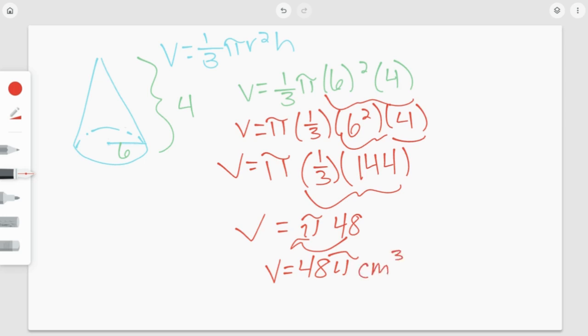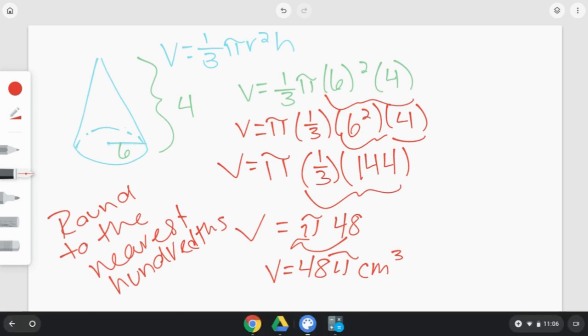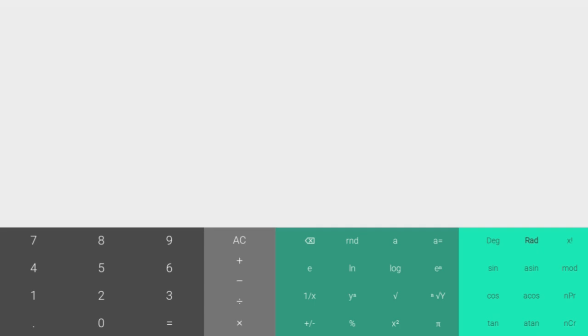Now, if they said to round, let's say the directions say round to the nearest hundredths. We are actually going to take the 48 and multiply it by pi. So bring up your calculator again, clear it, and do 48 times pi. And we get 150.7964.